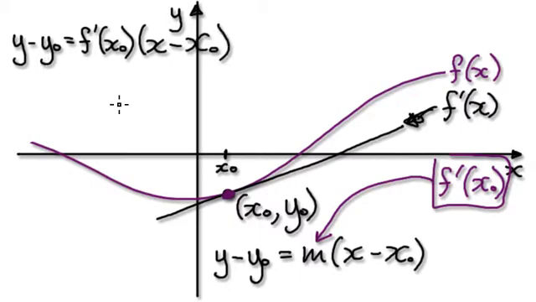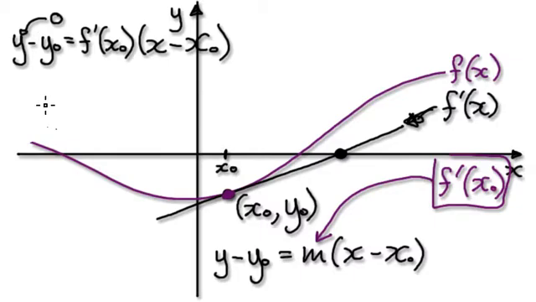This here is the equation of our straight line. Now we want to find out this point here. The y value of this particular point will be 0. So you set y to be 0.